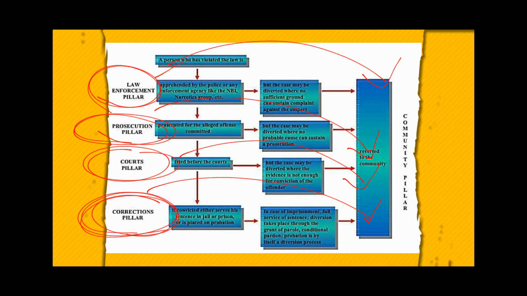But of course, based on what we're seeing in terms of the environment inside the jails and the prisons, it seems like there's no rehabilitation happening, and actually they are at risk for more social and health problems because of the many problems and issues that could be arising from a very congested prison. And of course, the community also has a role in terms of rehabilitating the person who has wronged the law.